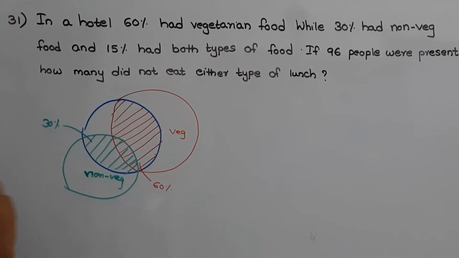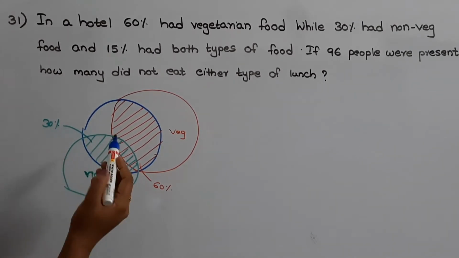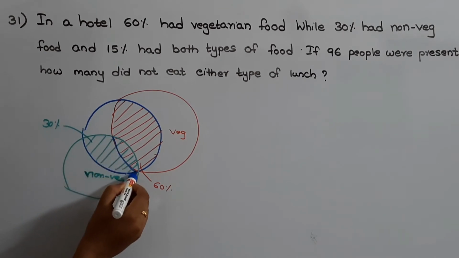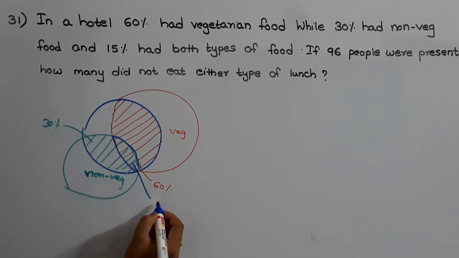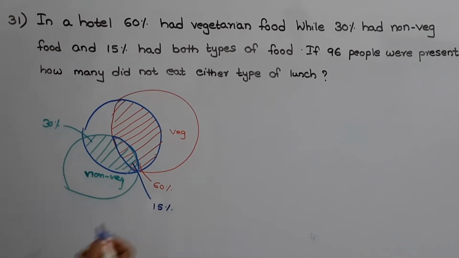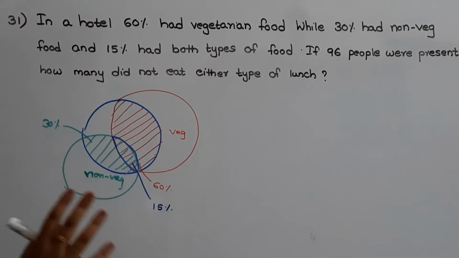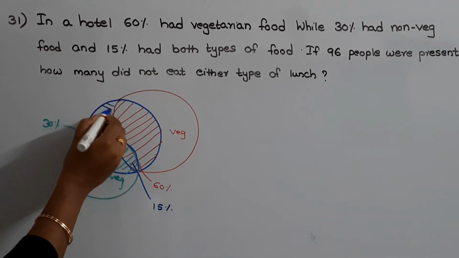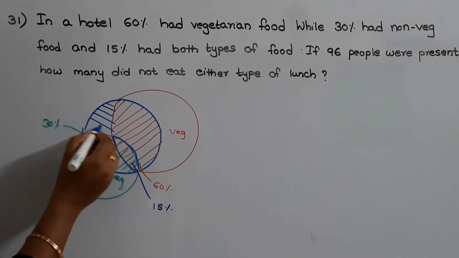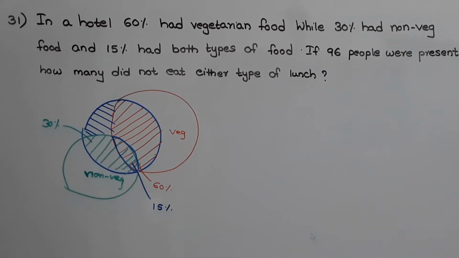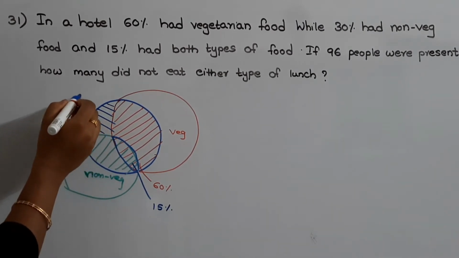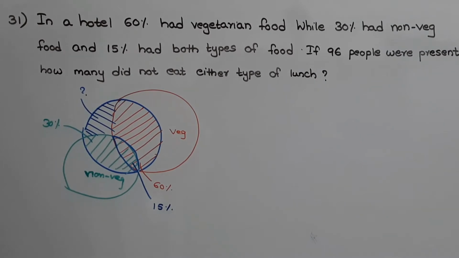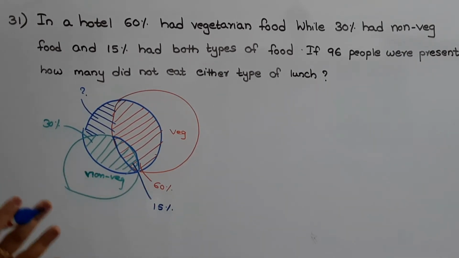So this is the part of the members who had both types of food, and that is given as 15%. We need to find out the percentage of the members who did not eat either type of lunch. So this is the part of the members who did not eat either type of lunch. If we find out this percentage, we can find out the percentage of the members who did not eat either type of lunch.